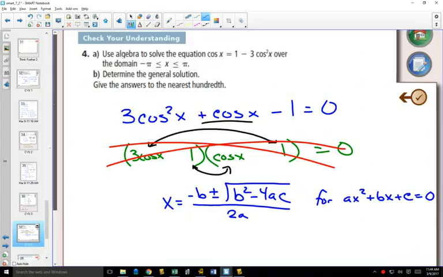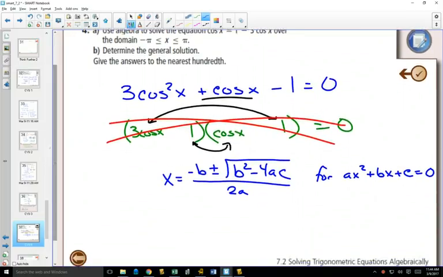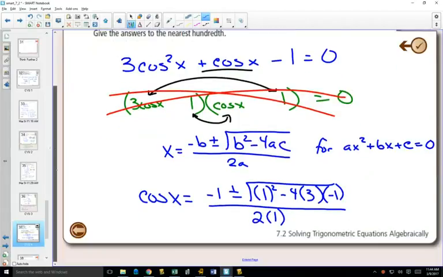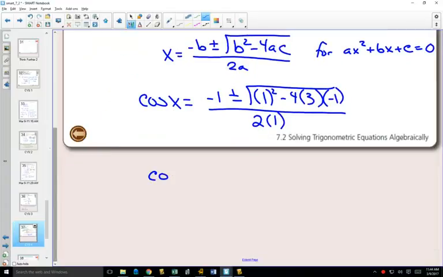So when we go to write out our solution, this is very important for notation, we start with cos of x is equal to negative b, so a negative 1, plus or minus square root of b squared, which would be 1 squared, minus 4, a is 3, c is negative 1, over 2 times a. And if I simplify this, I get negative 1 plus or minus the square root of 1 minus 12, which will be positive 13, over 2.